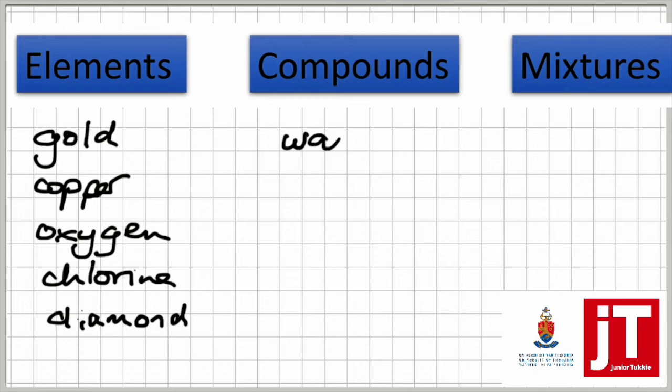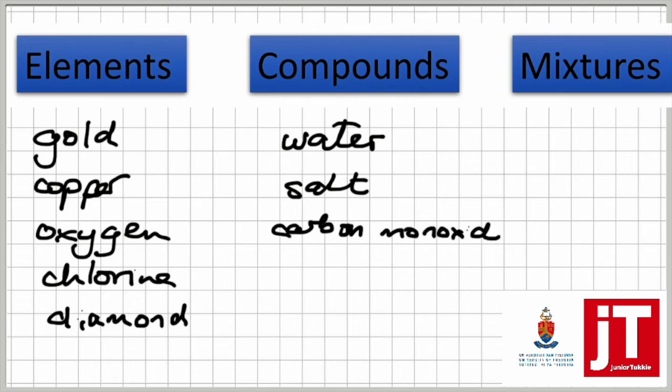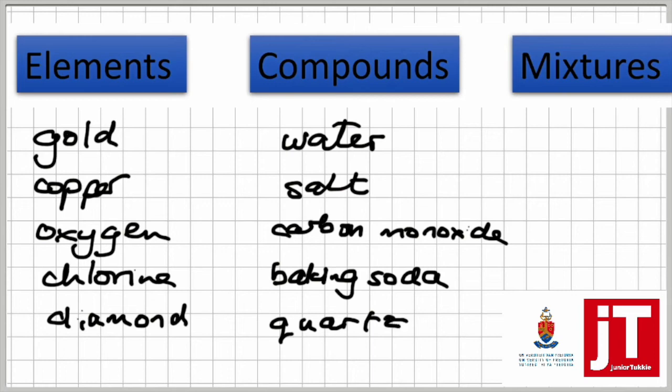Examples of compounds are water, salt, carbon monoxide, baking soda, quartz crystals. These are all compounds because they are made of more than one different type of atom which is chemically bonded together.